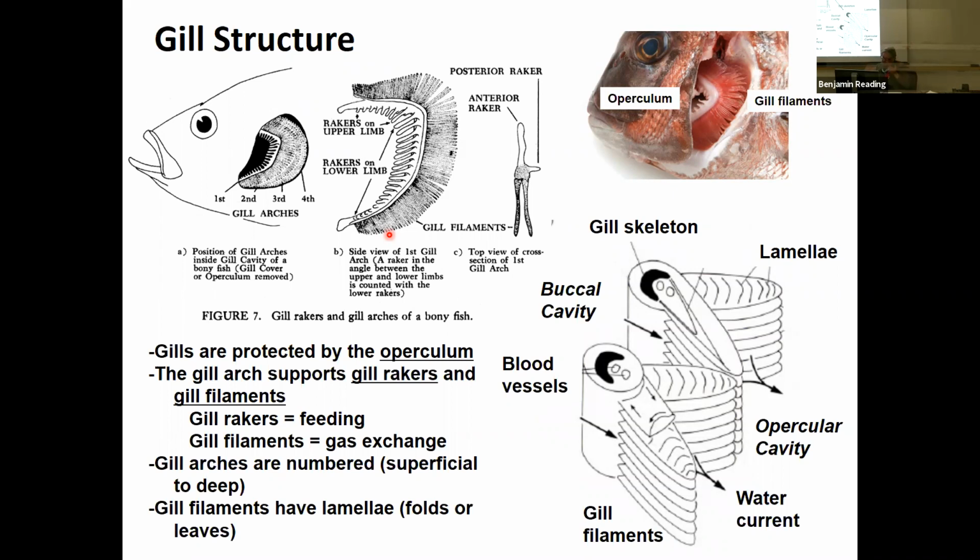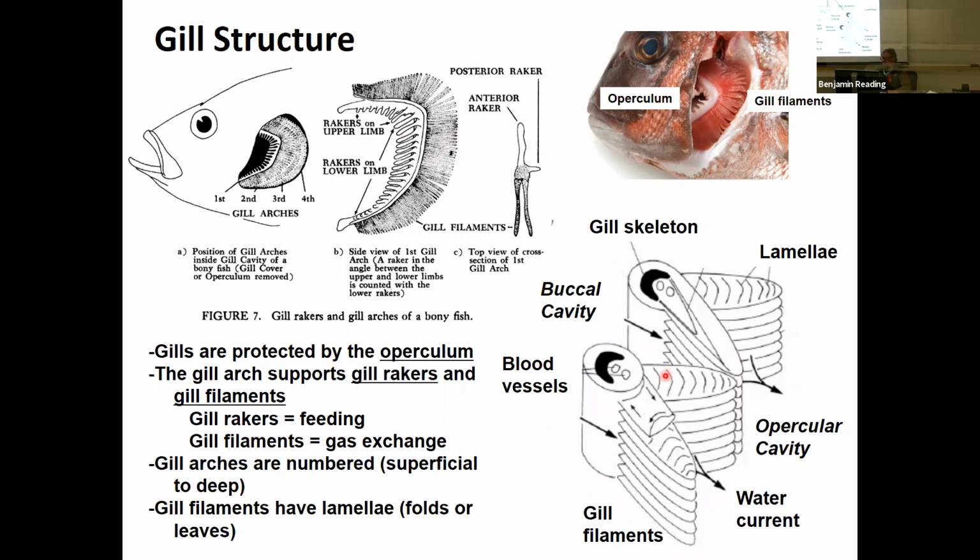And I said that later on, the gills of a fish are involved in both respiration and feeding, just like those ancient animals were, and that's what this is. The filament end of the gill is involved in gas exchange, and the raker end of the gill is involved in feeding. So when we talk about planktivores, they literally will filter plankton with these gill rakers. So feeding, gas exchange. Same function, just inside of the head.